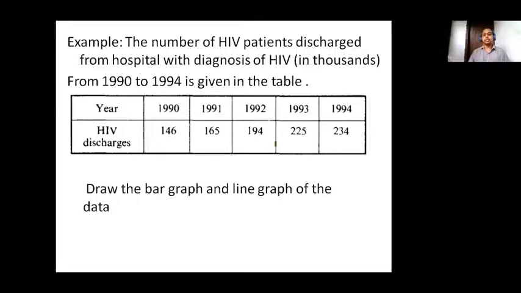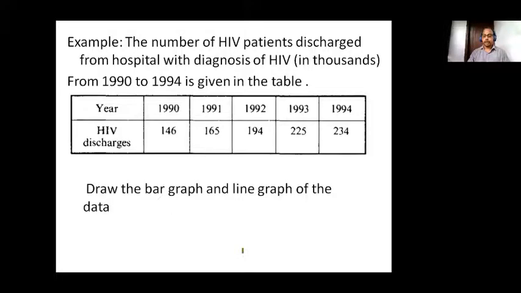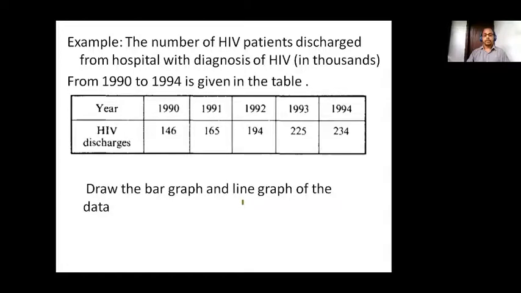How can we draw the bar graph and line graph of the data? We make rectangles with the center at the year 1990 and symmetric to 1990 with the height 146.